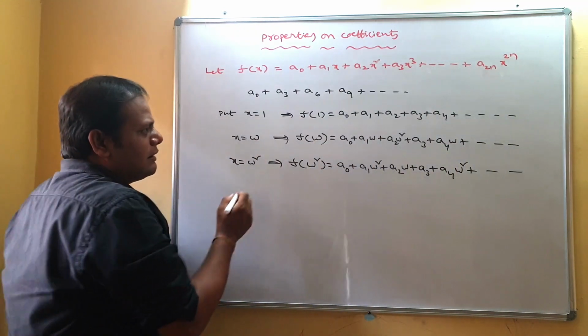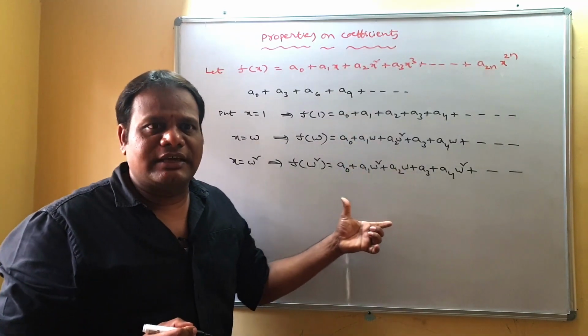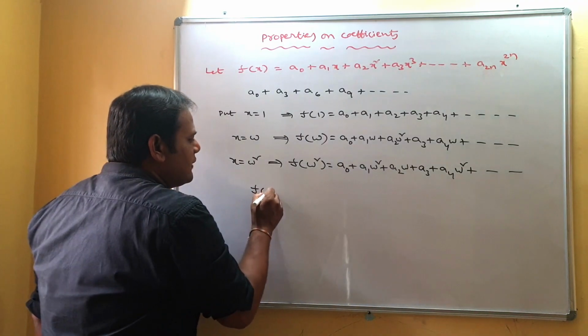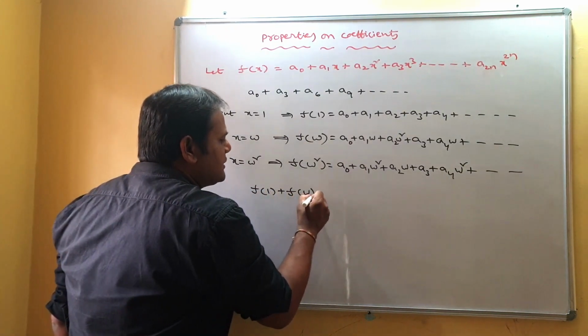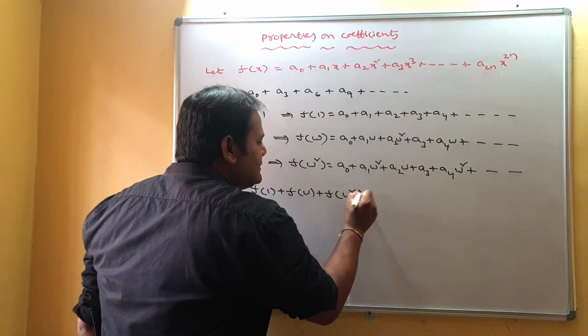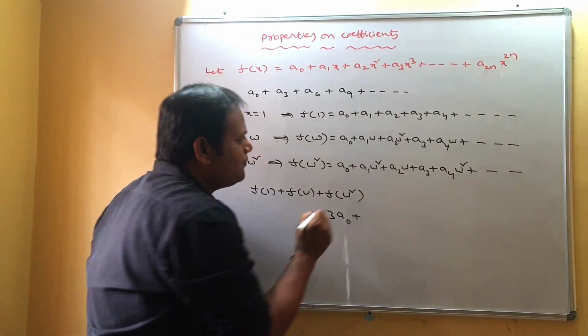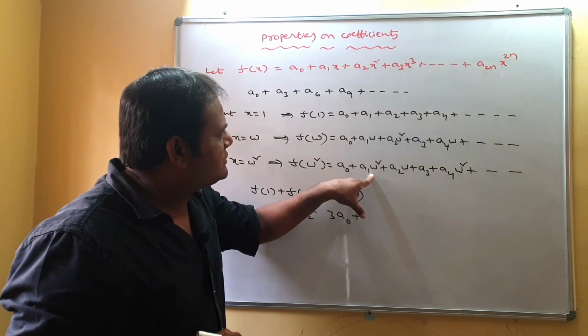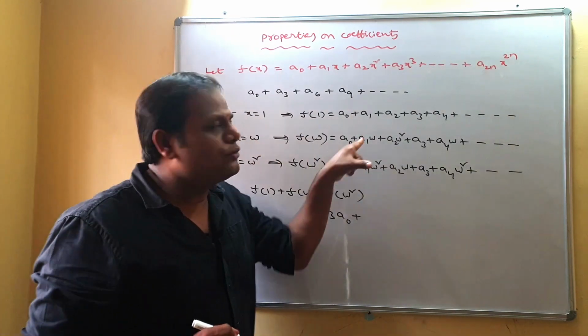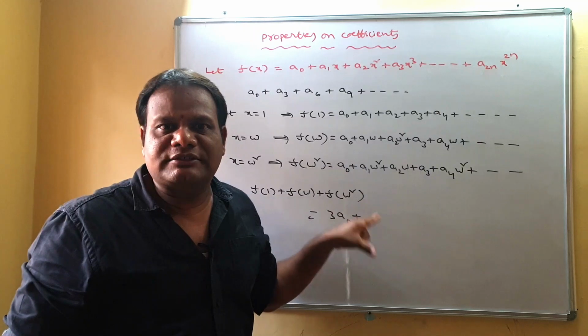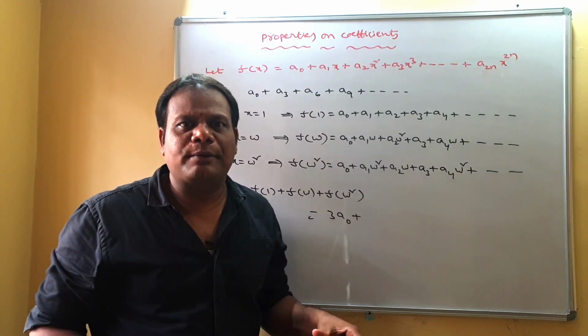You can get it. Add all the 3 equations here. What we get? That is f of 1 plus f of omega plus f of omega square. See here, a0, a0, a0. That is 3 a0. If you add these 3 terms, take a1 common, then you get a1 into 1 plus omega plus omega square. What is 1 plus omega plus omega square?